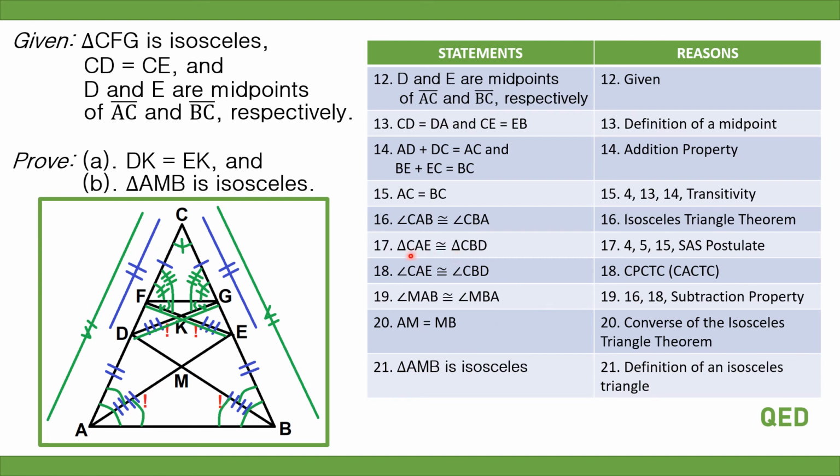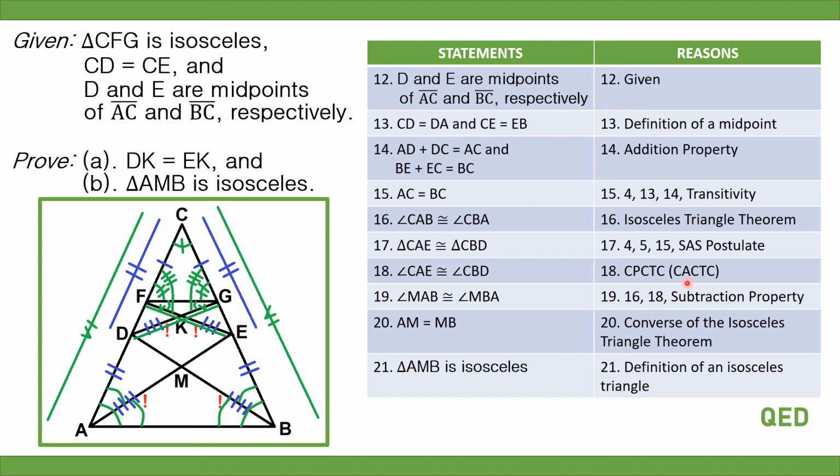Then, triangle CAE and triangle CBD, the two bigger triangles that I was mentioning a while ago, are congruent by SAS postulate by considering statements 4 and 5 in the previous slides and 15. Statement 18, angle CAE is congruent to angle CBD by CPCTC.